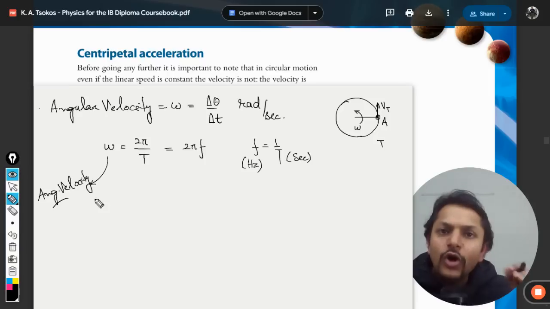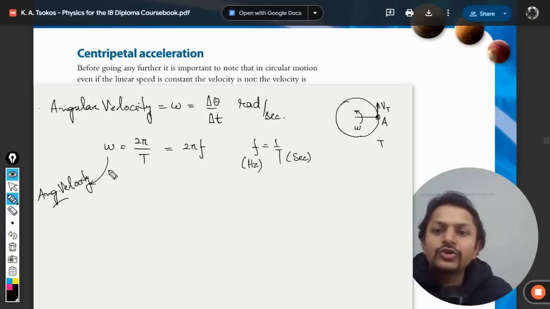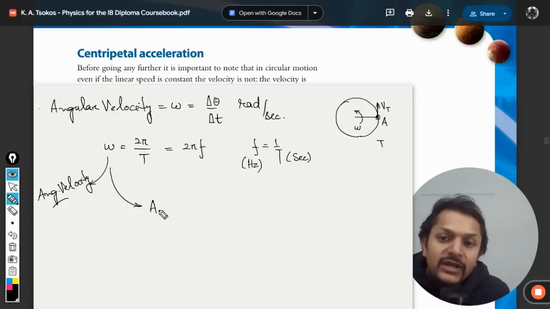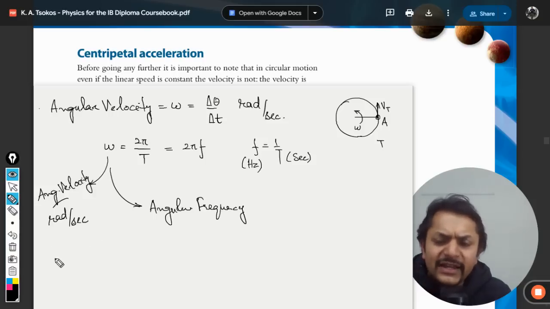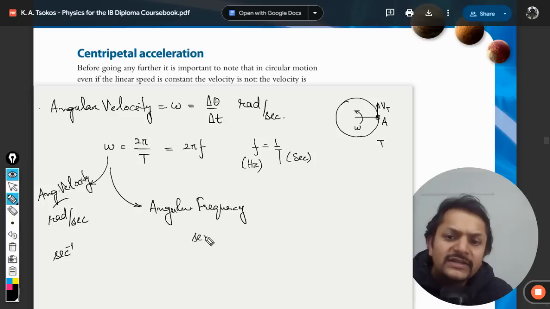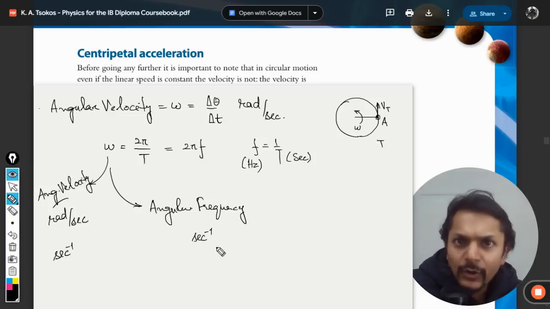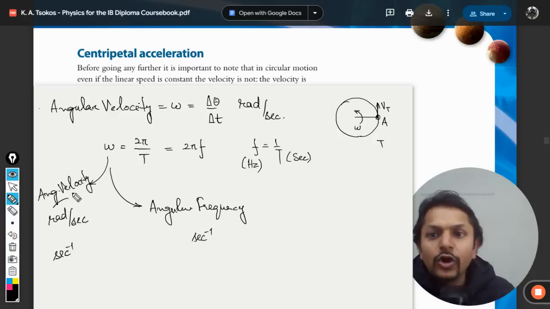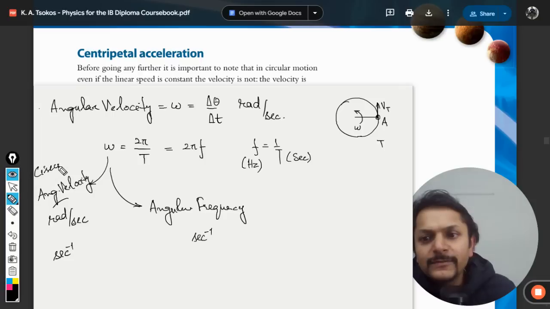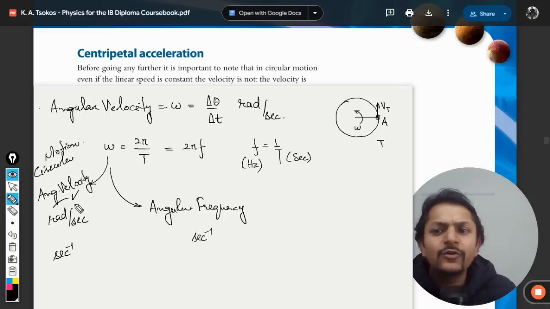But if we talk in terms of simple harmonic motion, the same thing is called angular frequency, with the same unit. Angular velocity has the unit radian per second, which can also be written as just per second. Angular frequency is written as per second. So they are technically the same thing, with the same unit. When you talk about circular motion only, we name it angular velocity.